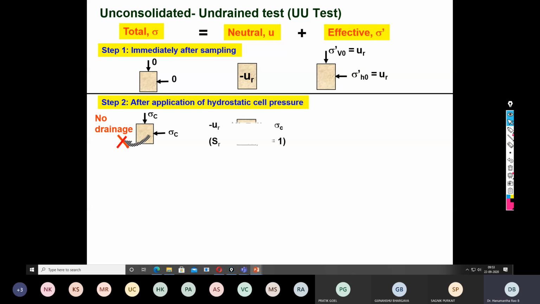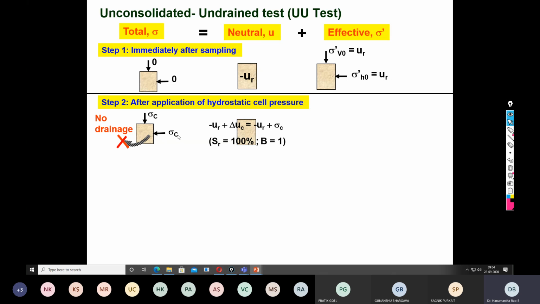In the hydrostatic cell pressure, that is sigma 3, there is already some amount of capillarity pressure, which is negative, and on top of it you are applying the cell pressure. Initially it could be a negative value, and because of this negative capillarity the soil particles are holding themselves. But on top of it, you are applying the hydrostatic or confining pressure.